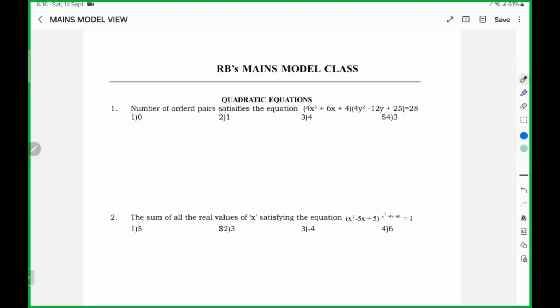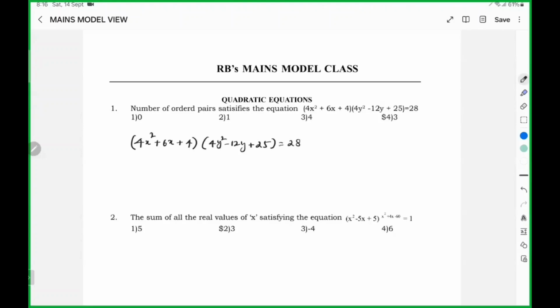Here, this particular equation 4x square plus 6x plus 4 into 4y square minus 12y plus 25 equal to 28.